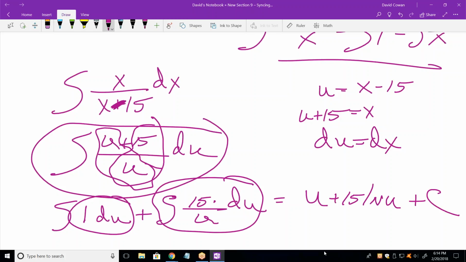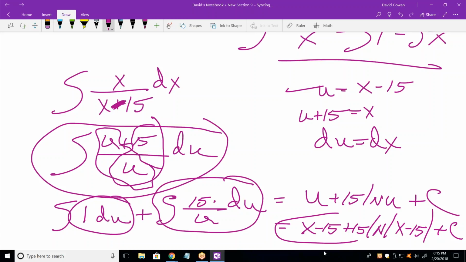Now I go back and resubstitute, because you always want your answer to be in x. So this becomes x minus 15 plus 15 natural log of x minus 15 plus c. There's your answer.